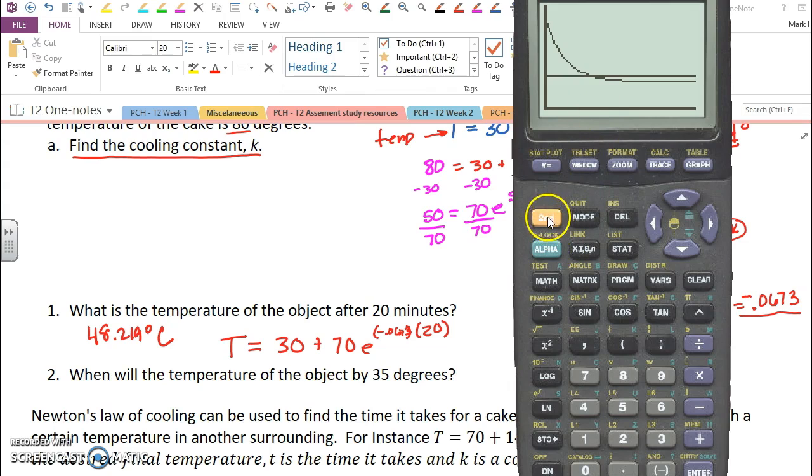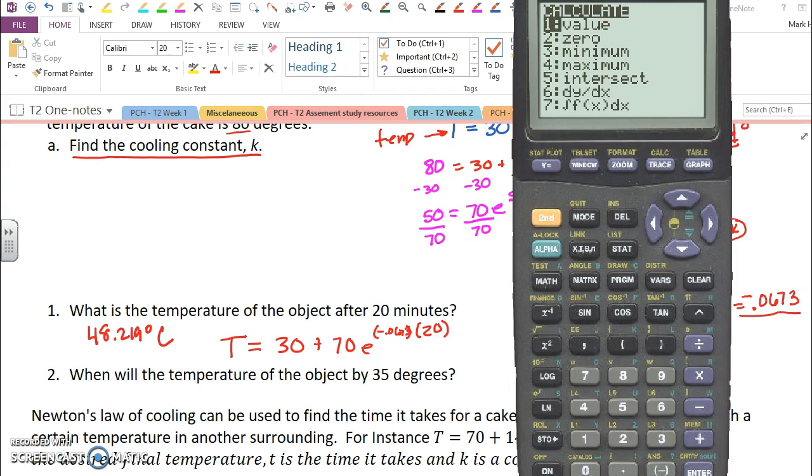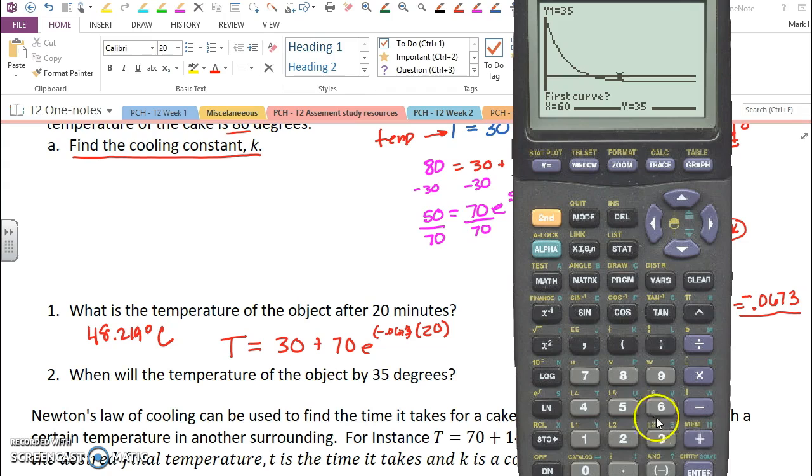I'm going to go back to second trace. And this time I'm going to calculate an intersection, number 5. First curve, enter. Second curve, enter. I don't need a guess, but if I wanted, I could get close to the intersection point. Hit enter. And now we know at 39.213 minutes.